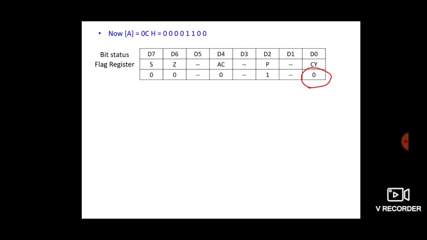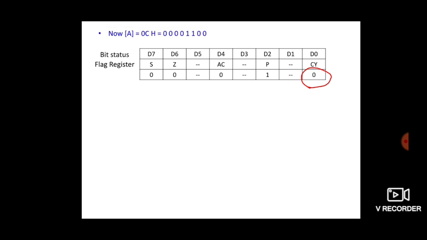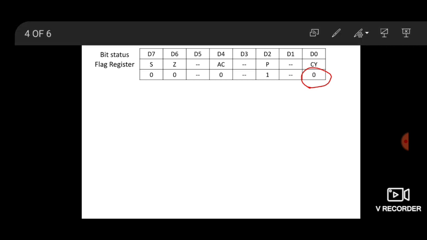In this accumulator result, 0000 1100, are there an even number of ones or an odd number of ones? Even number of ones. So the parity flag is set, because the accumulator contains an even number of ones.